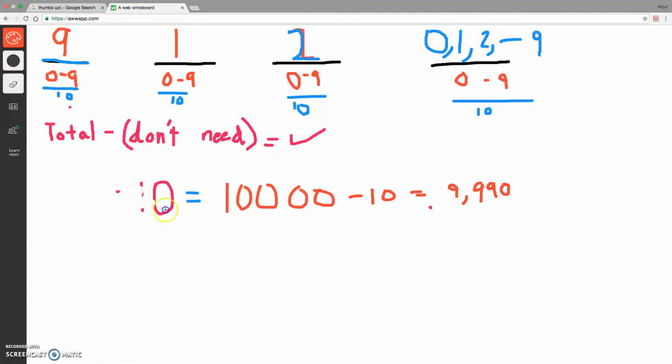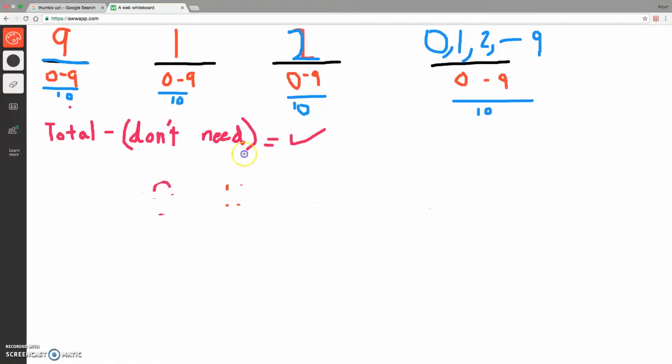And this time, we're not going to use any complementary counting, but we are going to use some multiplication. Okay, let's keep this complementary counting formula just in case we might need it.